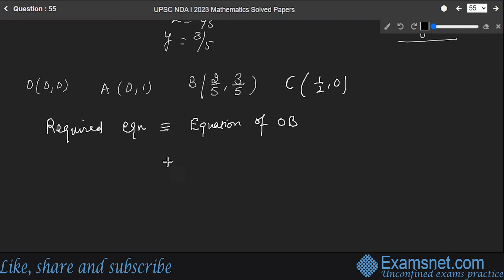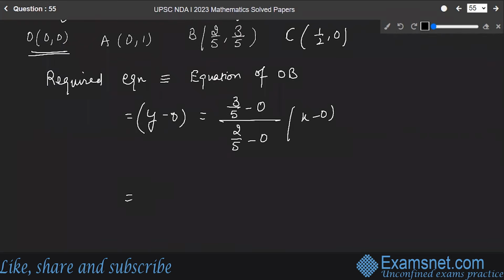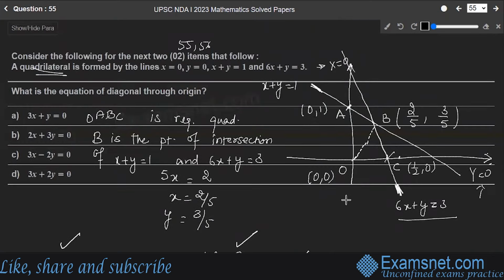So the equation of OB will be given by y minus, I'm taking this point, 0, is equal to, let's find out the slope. The slope will be given by y1 minus y2 upon x1 minus x2, into x minus 0, which will give you 3 by 2 x, or 3x minus 2y is equal to 0. This is the required equation, 3x minus 2y is equal to 0. This is option C.